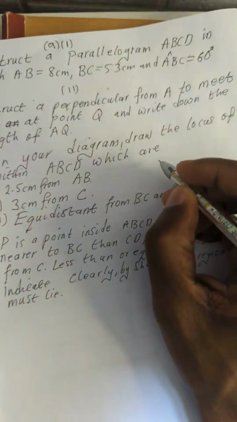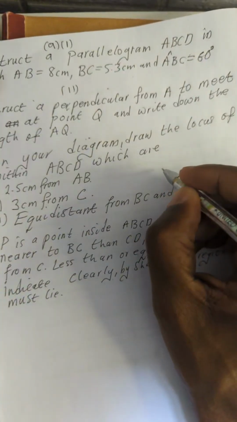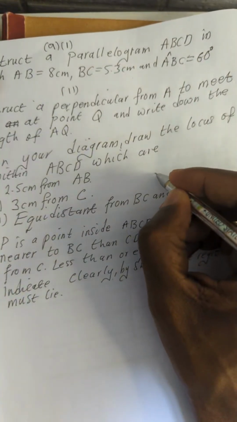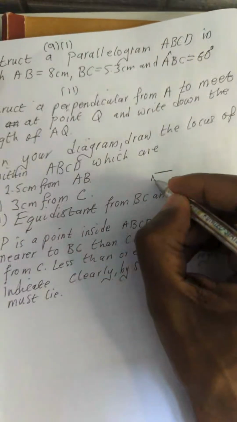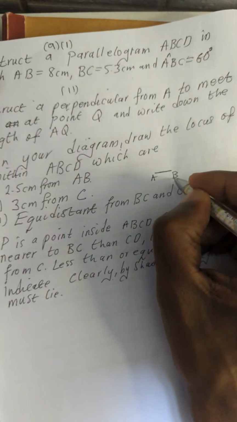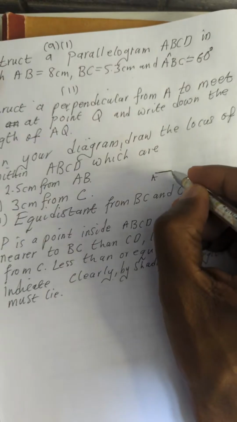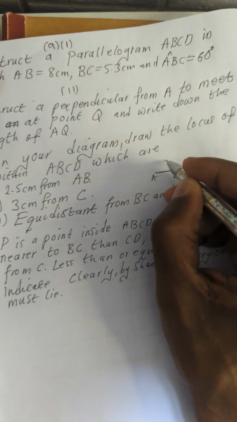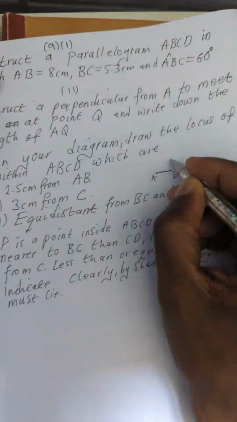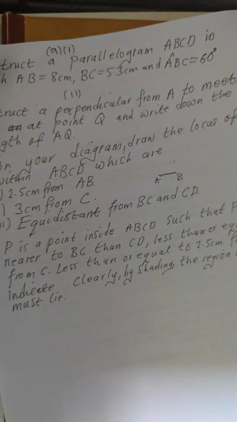So we're going to have a line called AB, 8 centimeters. Then also we're going to have BC, from B to somewhere C, we don't know. It's 5.3 centimeters. But angle ABC, they have given us, it is 60 degrees.